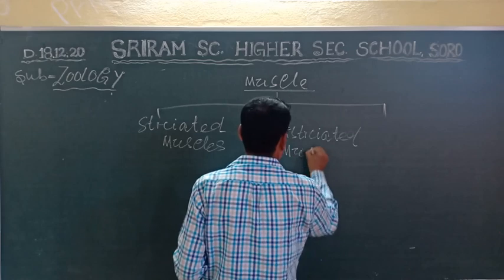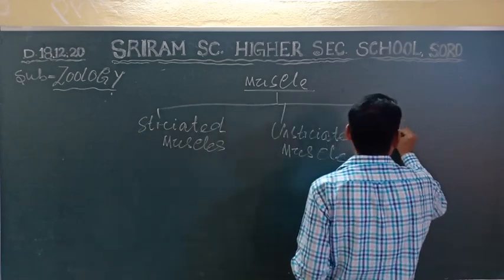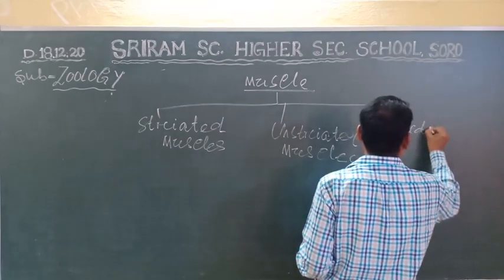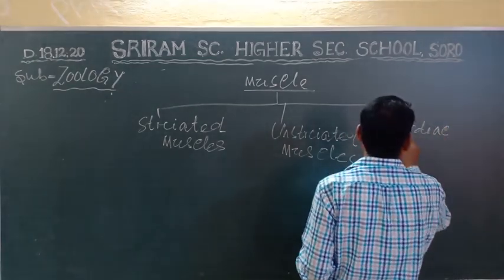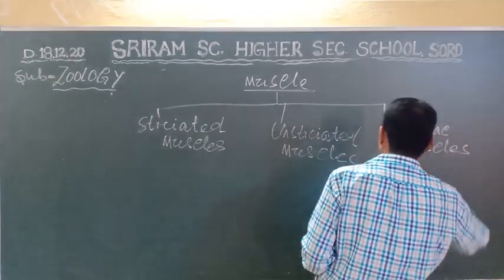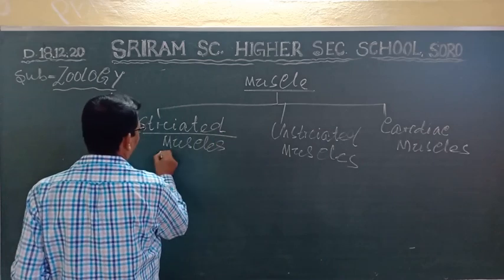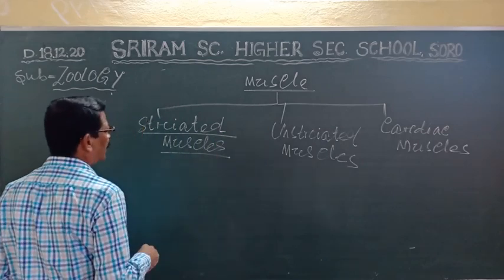And another is cardiac muscle. Clear? You come one by one. First you start with the striated muscle.